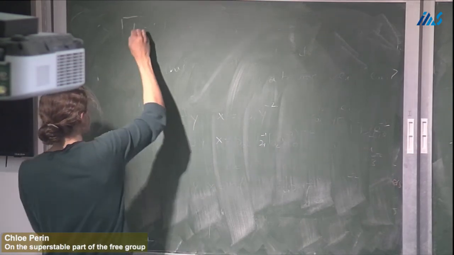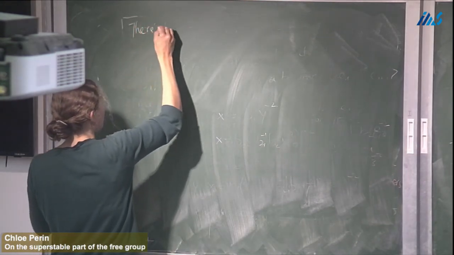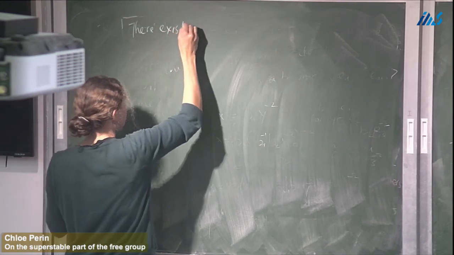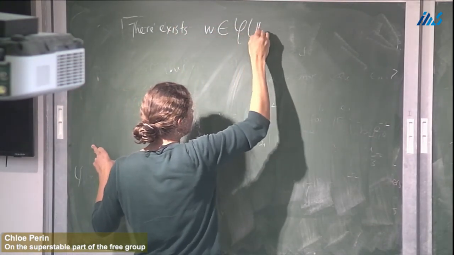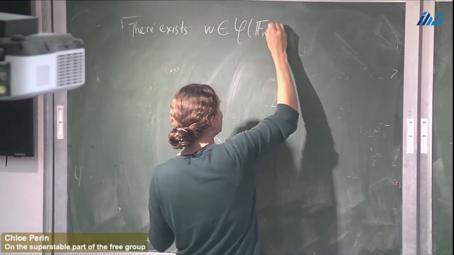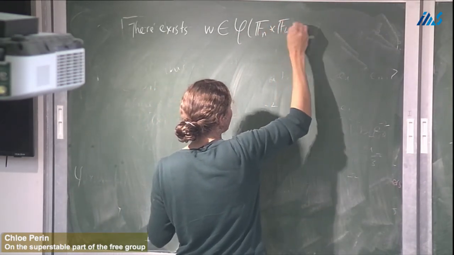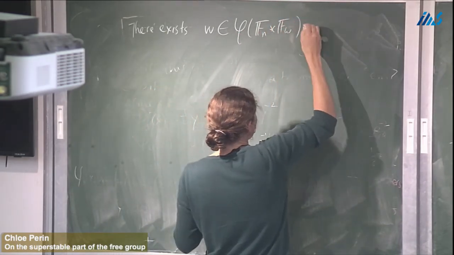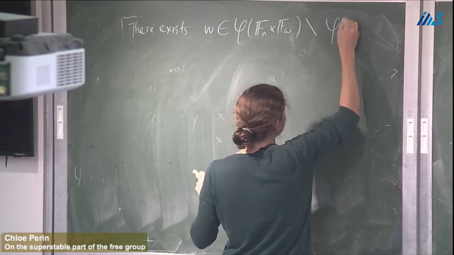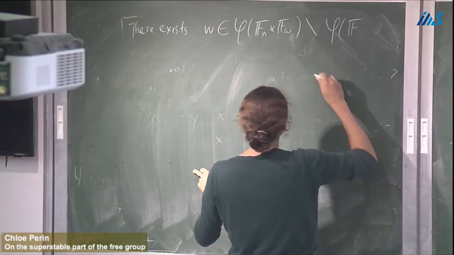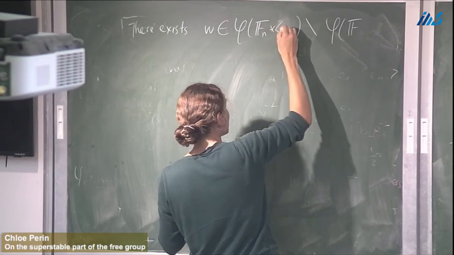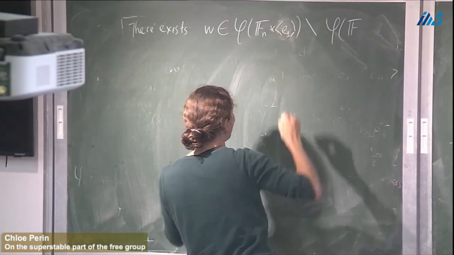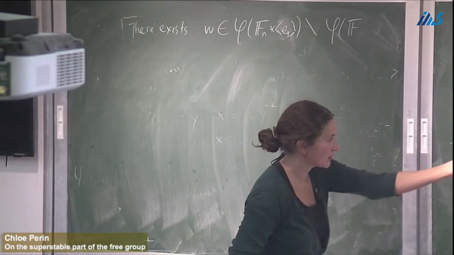It means that there exists an element W in phi, even in this big thing, which is not in phi of F n plus 1, which I will just think of as Fn free product with, I just add the first generator.